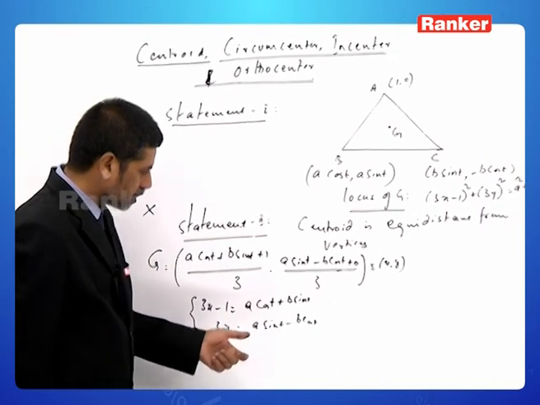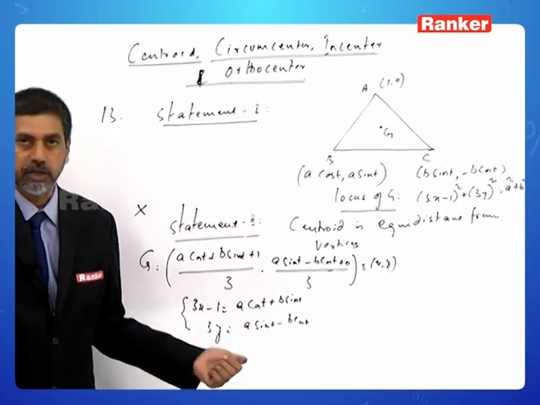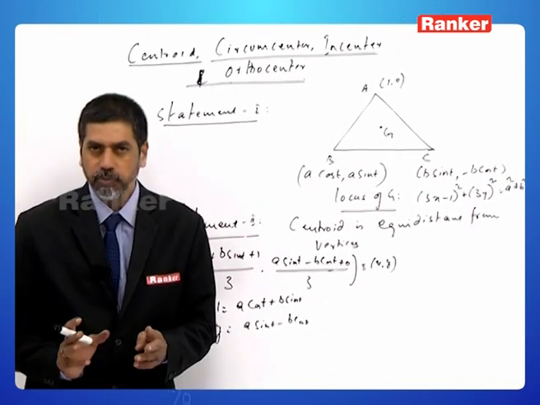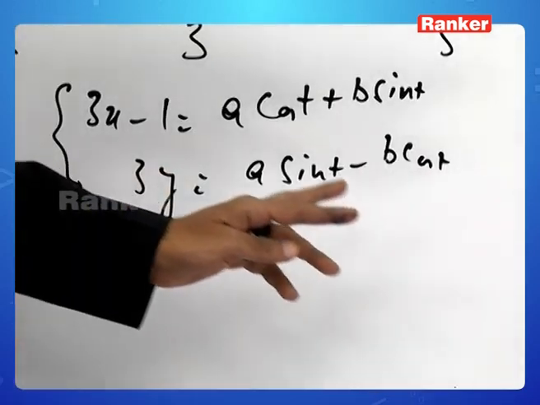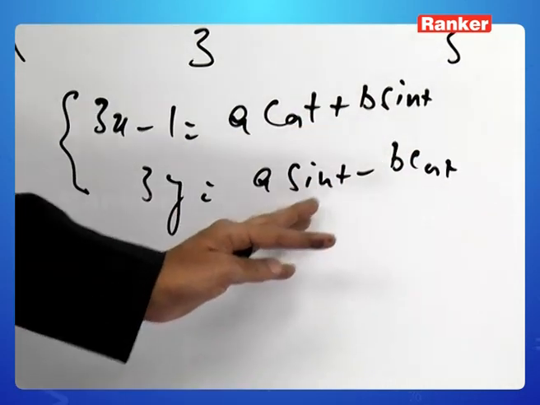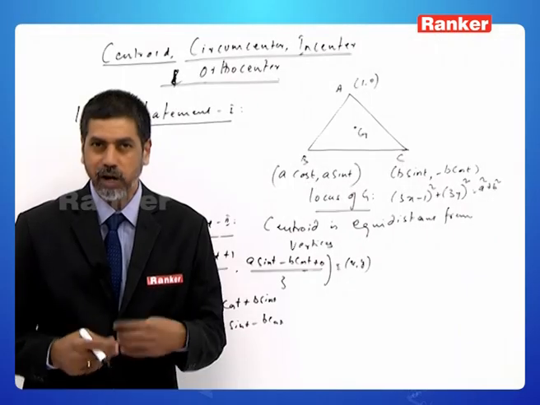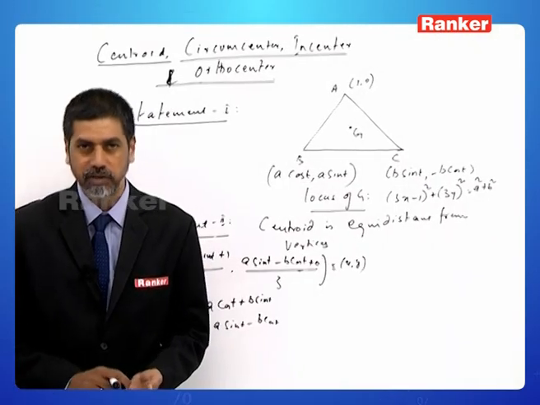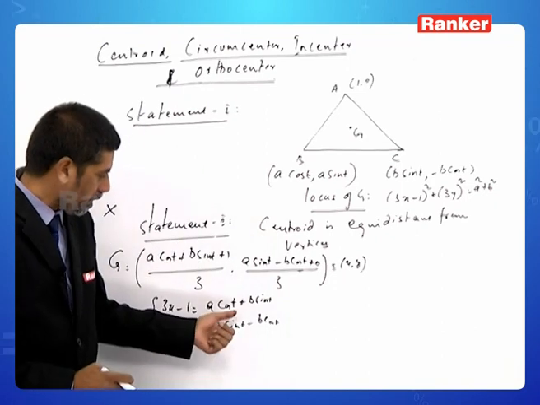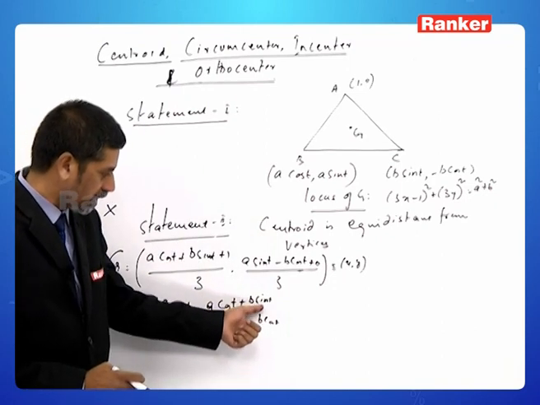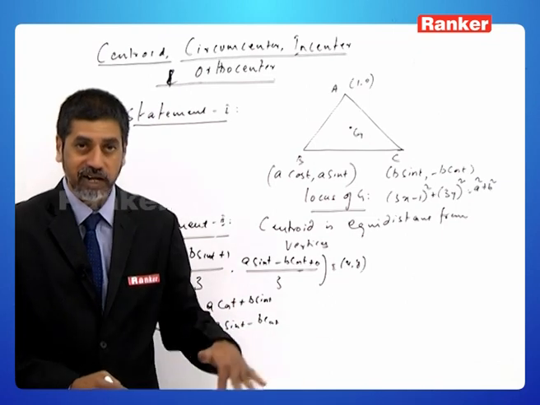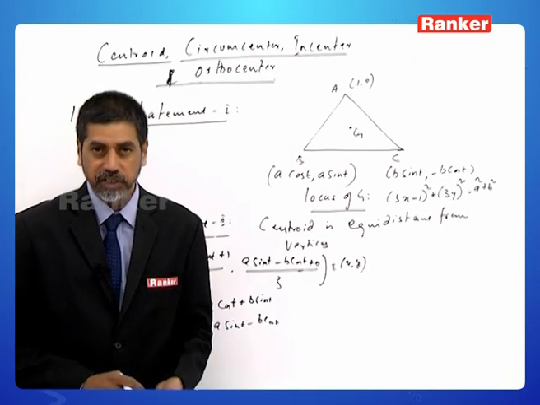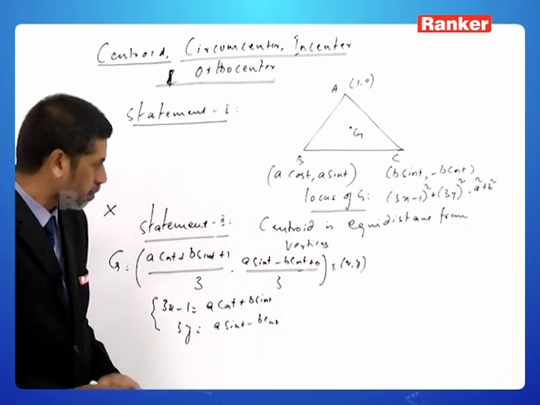To find the locus, we know the parameter t has to be eliminated. From your practice in trigonometry, if you look at this pattern, a cos t + b sin t and a sin t - b cos t, squaring and adding will eliminate the parameter. Because when you square, you will get a +2ab cos t sin t here and a -2ab sin t cos t here, so they will get cancelled. Therefore, simple addition after squaring should solve the problem.